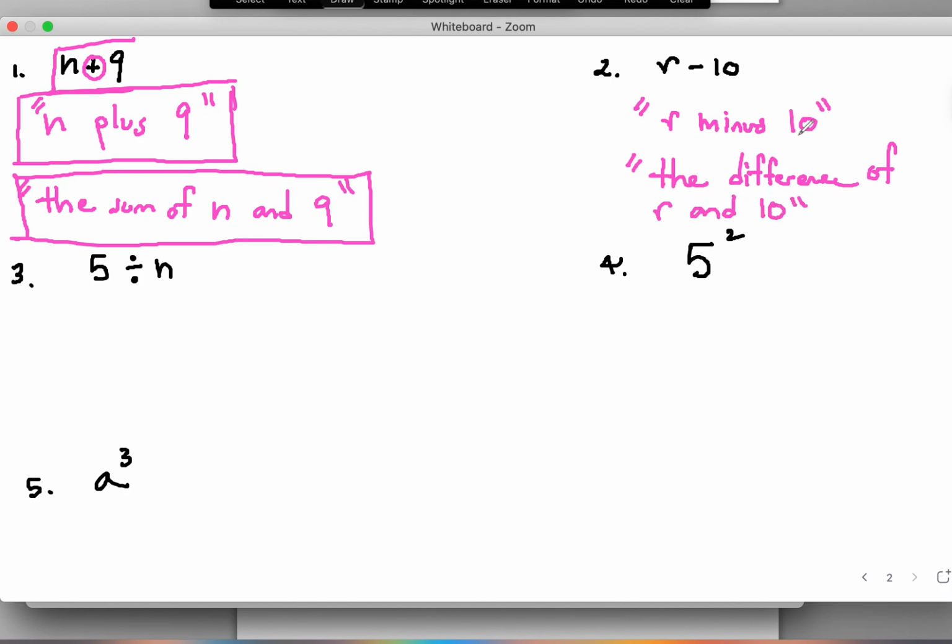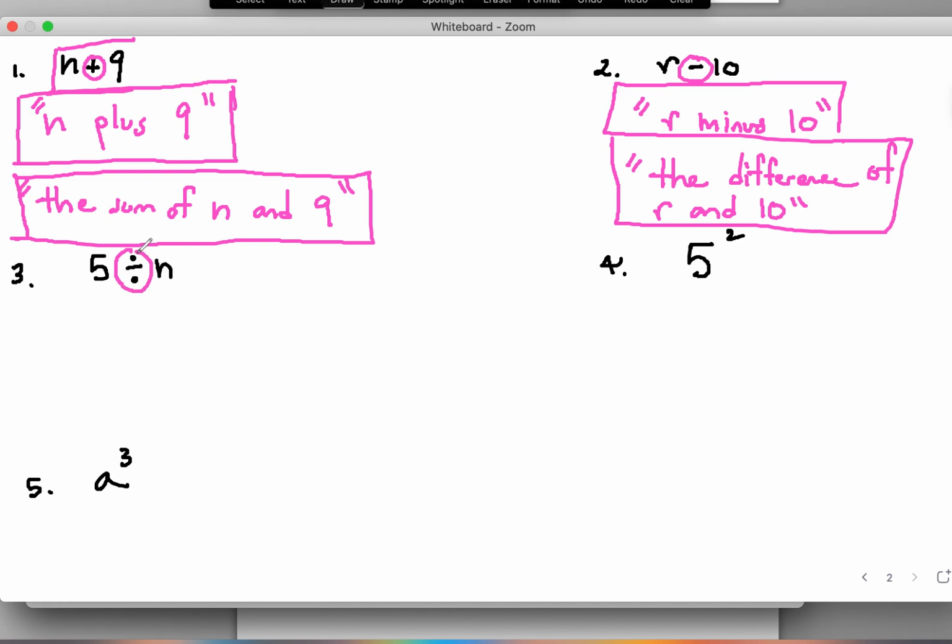And again, both of these are correct. This one, r minus 10, you could just write it like that, that's fine. Or you could say the difference of r and 10. The difference means subtraction. Minus obviously means subtraction. It all means this. Minus, right?